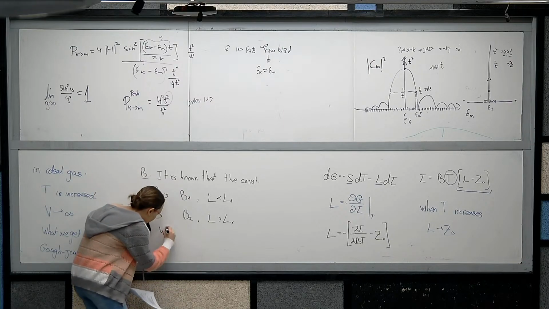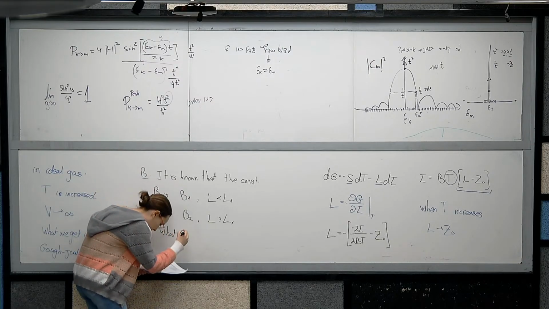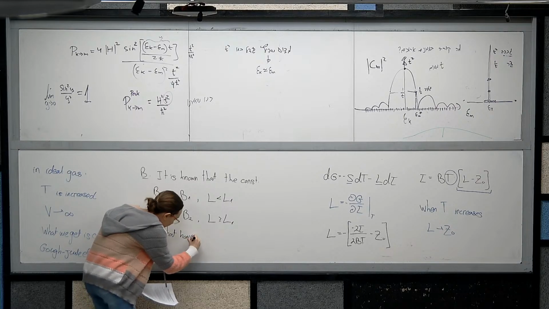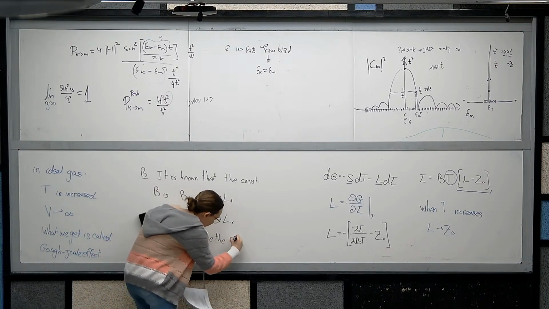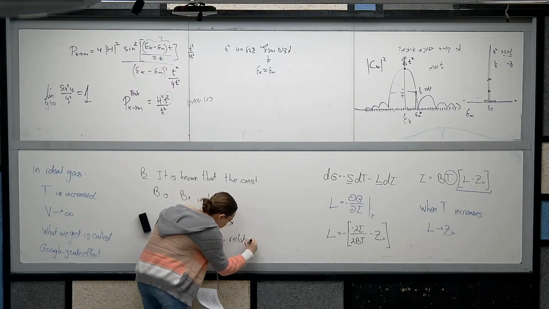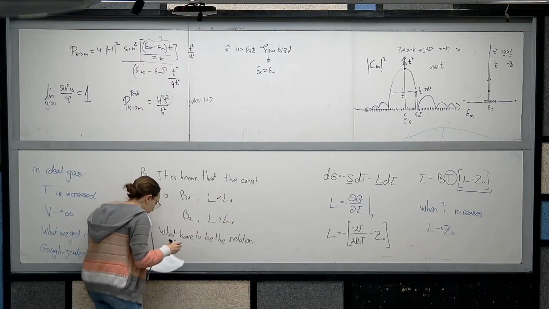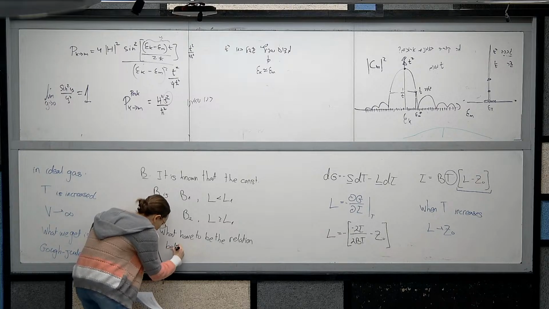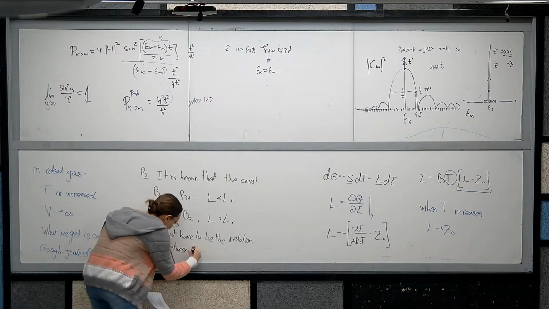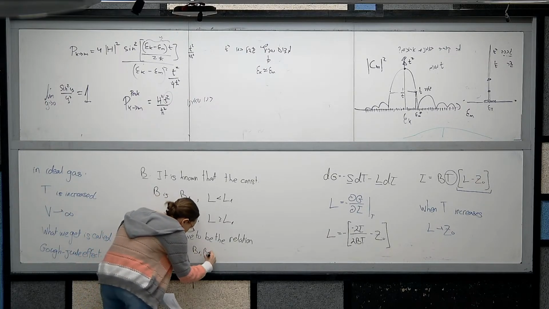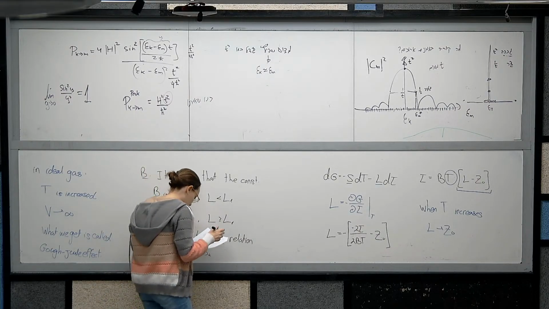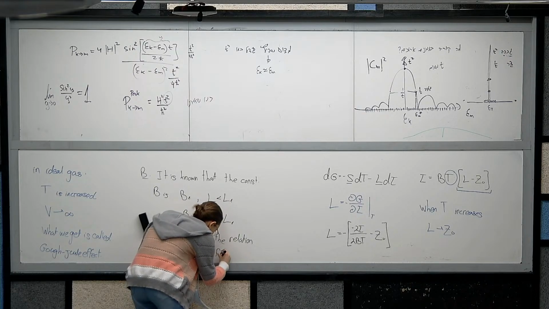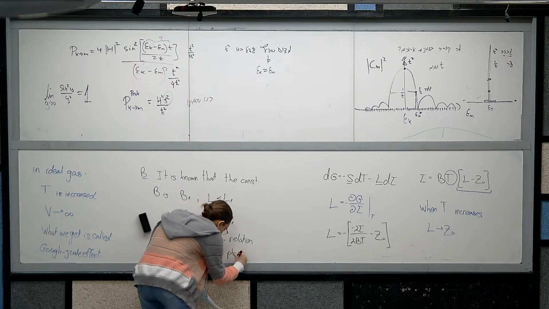And now we're asked what has to be the relation between B1 and B2 for a phase transition.